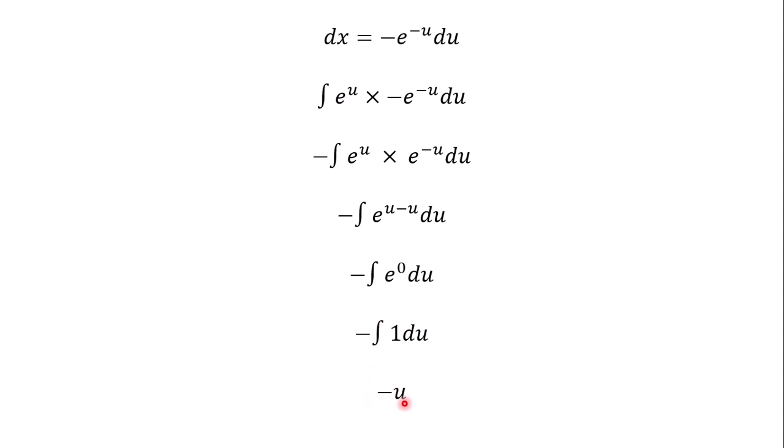So let's go back to the x world. We know that u is equal to minus natural log of x, so wherever we see u, we are going to put it back. Now minus into bracket minus natural log of x. When I multiply this one by this one, I'm going to get natural log of x, and then I'll just add the plus c because I'm done with the integration.